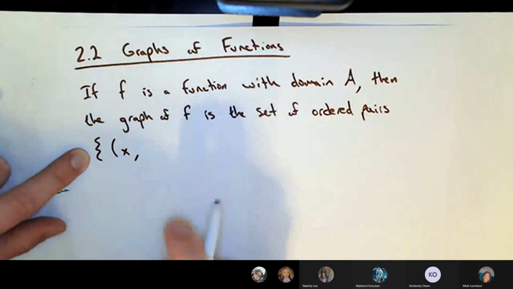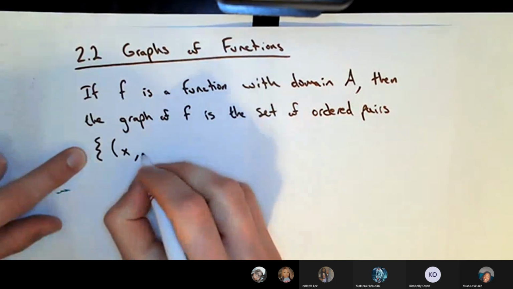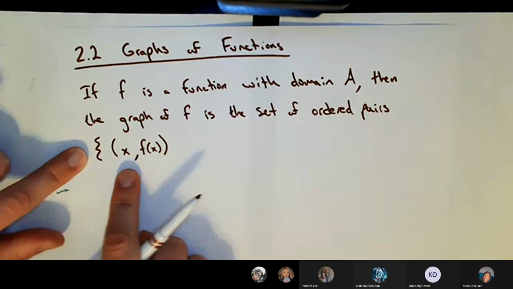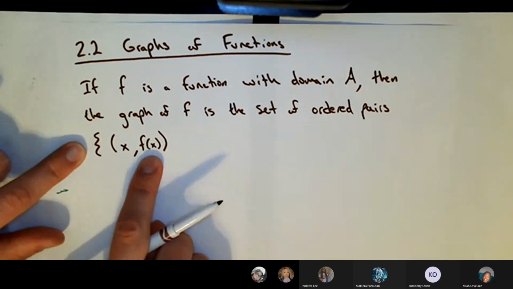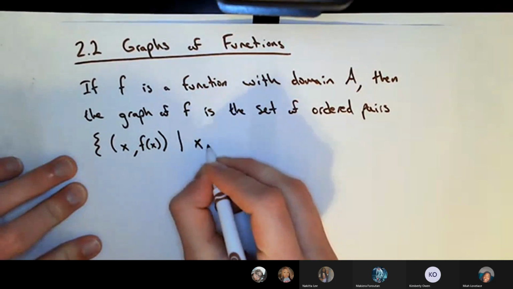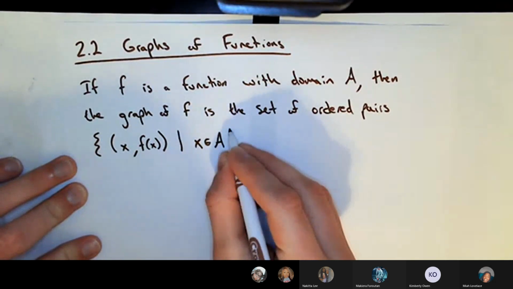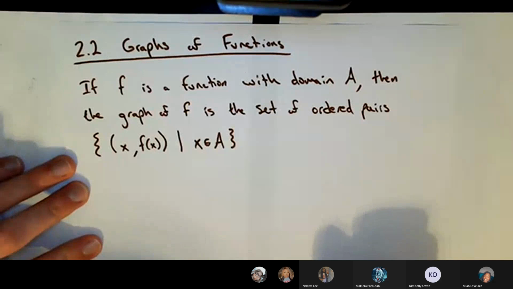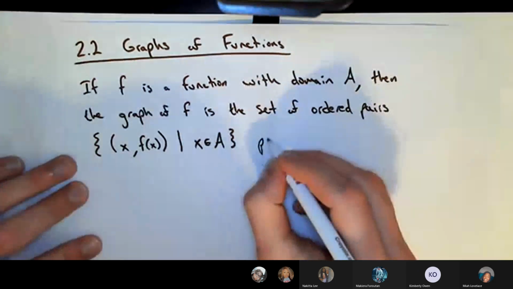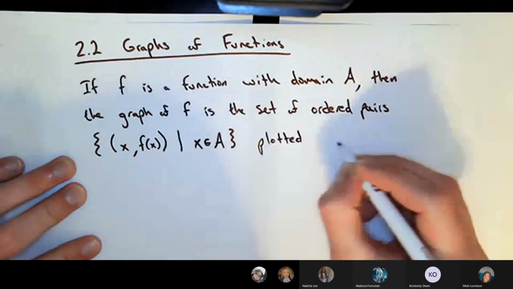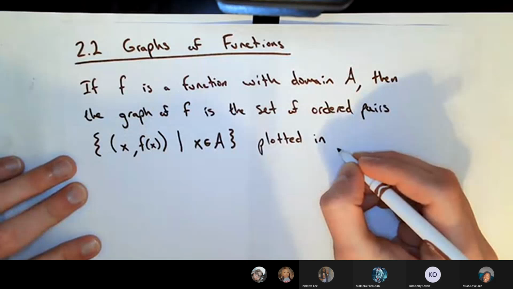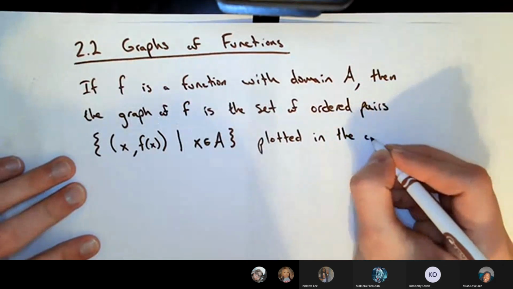So for the ordered pairs, you would expect me to write x and y, but I'm going to write x and f of x because those are the outputs from a function. Its input is x and its output is f of x, such that x needs to be in the set A. The set of ordered pairs, plotted in the coordinate plane.